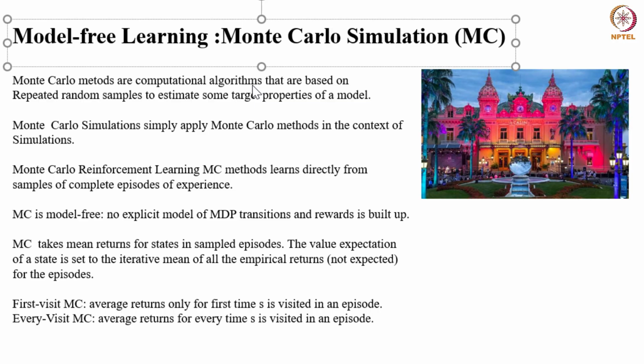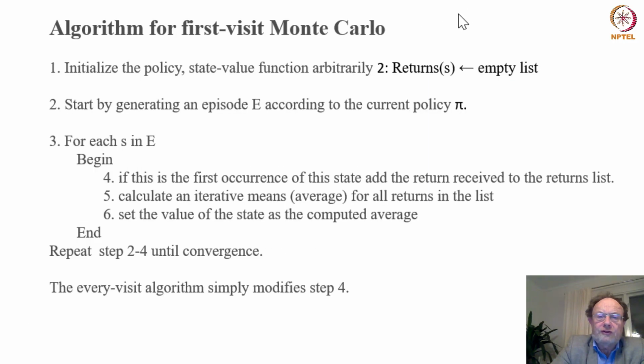In the other approach, you make observations for every state, no matter how often you visit them. Here you can see an algorithm for first-visit Monte Carlo. The every-visit Monte Carlo version is very similar. It just modifies step 4 in the middle of the algorithm, so it considers states every time you pass them, not only at the first occurrence.